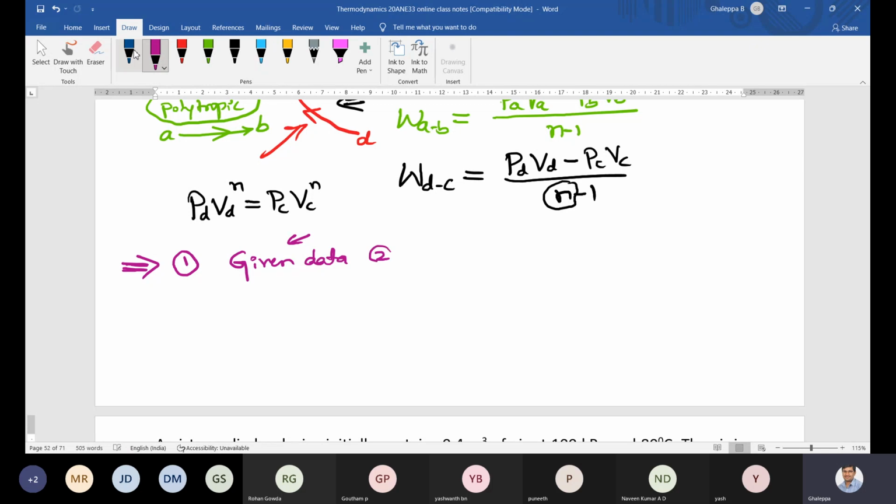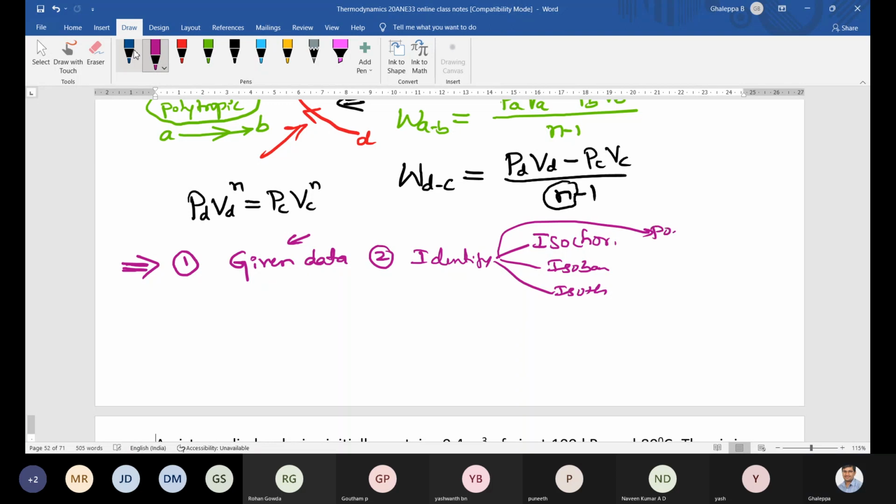Second point, identify the process, whether it is isochoric, isobaric, isothermal, polytropic or adiabatic. Identify out of these 5 which process is given in the numerical.